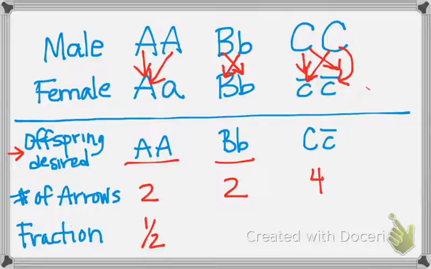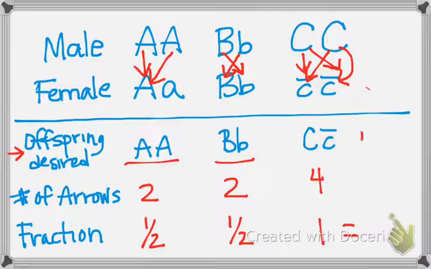What about the next one? 1/2. And the third one is 4 out of 4, which is 1. So if you take that and you do 1/2 times 1/2 times 1, it equals 1/4.